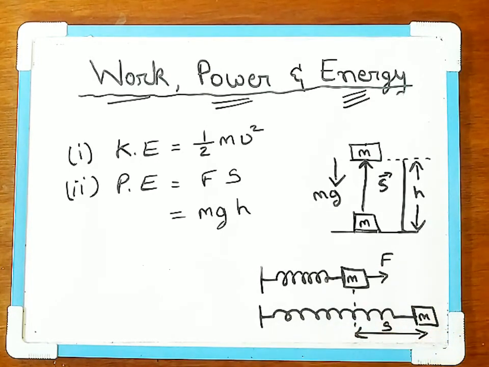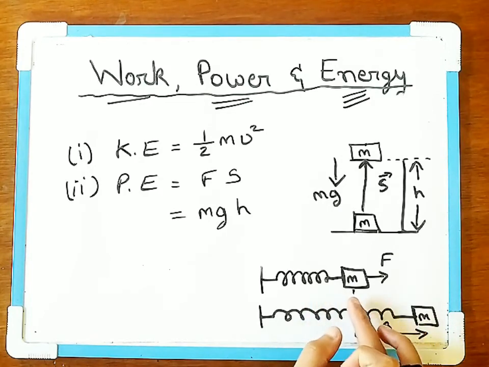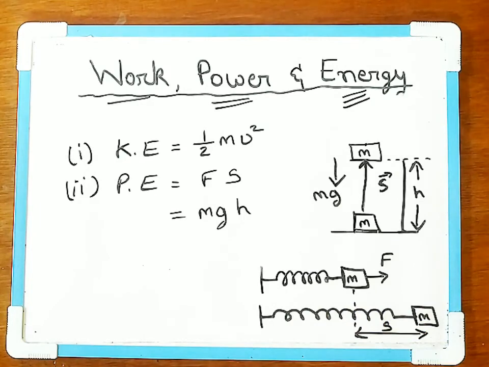So in this case also, there is a potential energy stored up in this spring due to the work done against the restoring force set up in the spring. Remember, here also, potential energy arises if work is done against an opposing restoring force set up in the spring. So that is the concept of kinetic energy and potential energy.